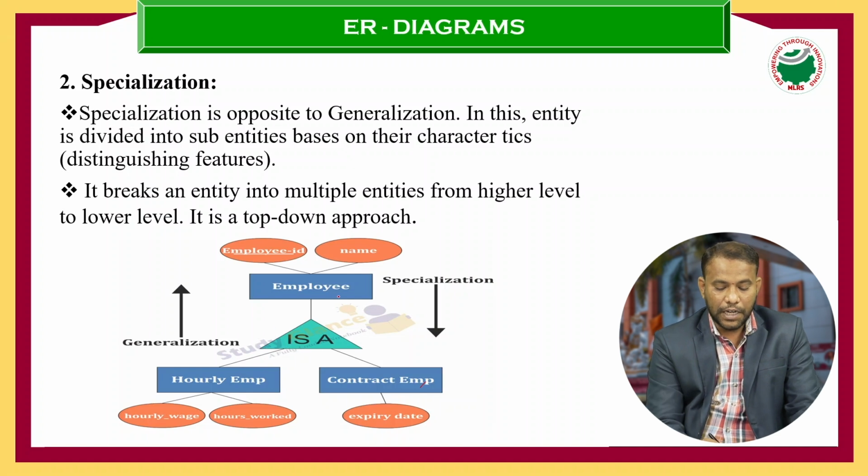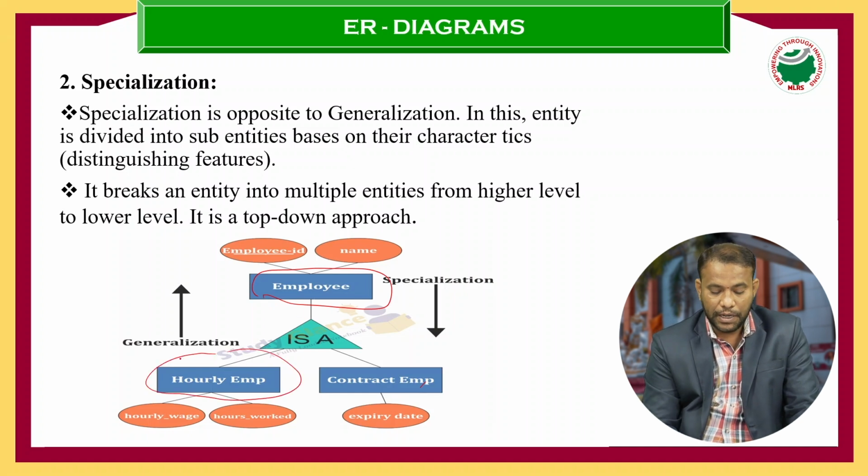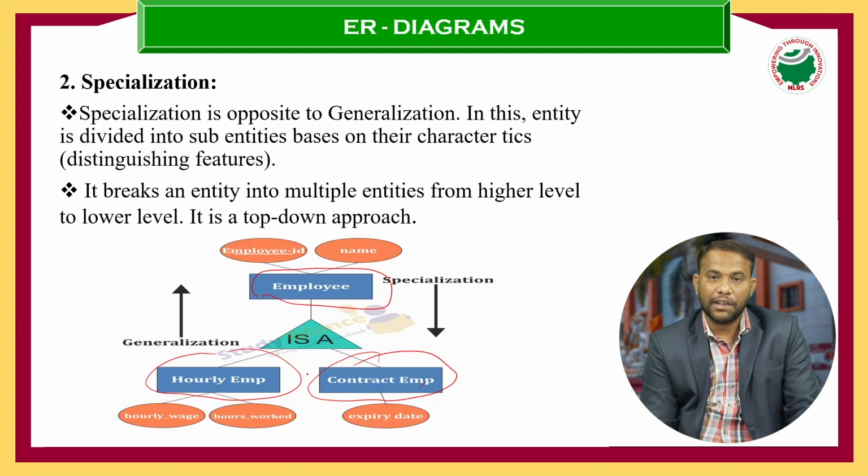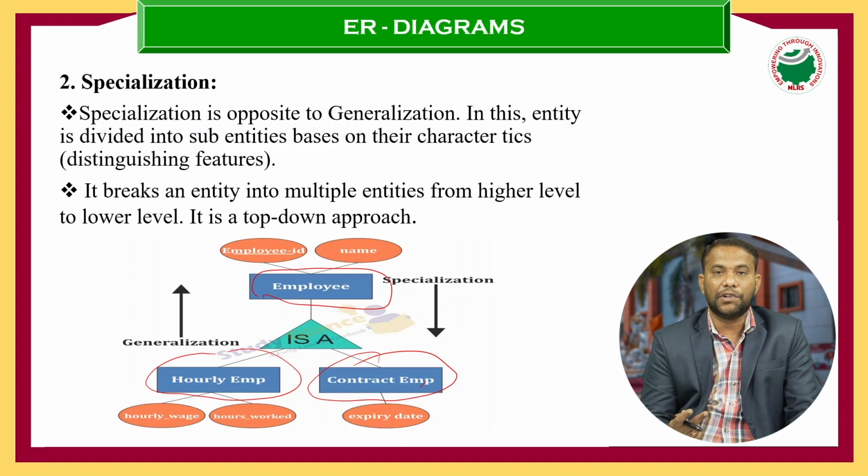We are making that single entity into separate entities. Like if you take this employee, in this employee we make hourly employee separately and contract employee separately. Then this process is called specialization. So specialization is the reverse order of generalization.